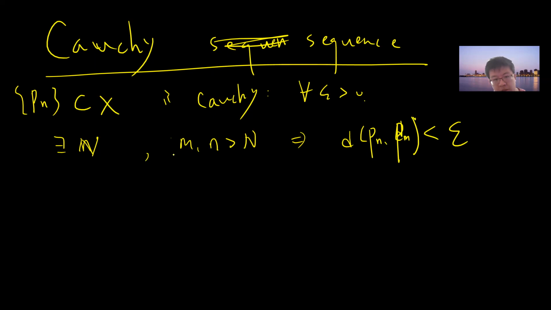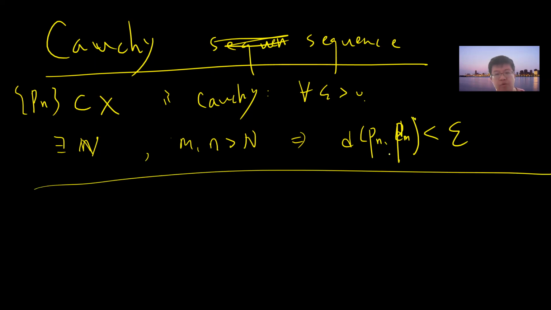So it is a little bit different from convergence. Convergence means that you can find some point p such that d(Pn, p) is less than epsilon. But now I'm saying that beyond some N, every two points are restricted to be within epsilon. So it seems that Cauchy is stronger than the usual convergence.